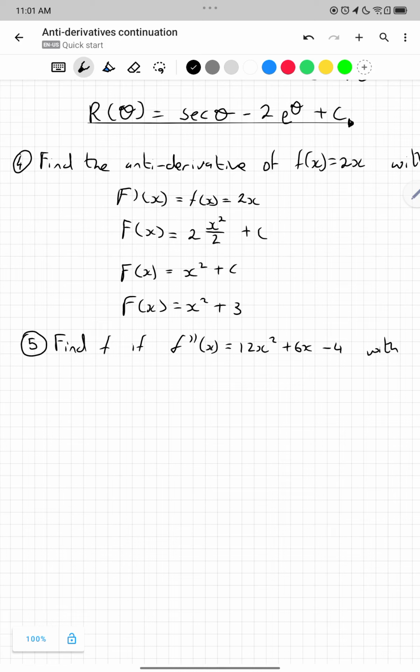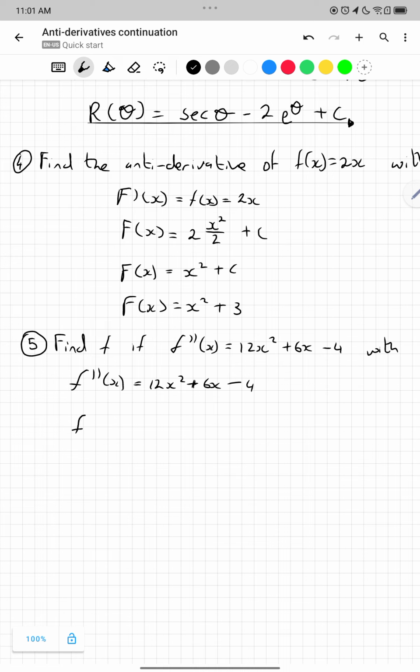So f double prime of x is equals to 12x squared plus 6x minus 4. Remember, here the notation is okay, right? Don't criticize it.